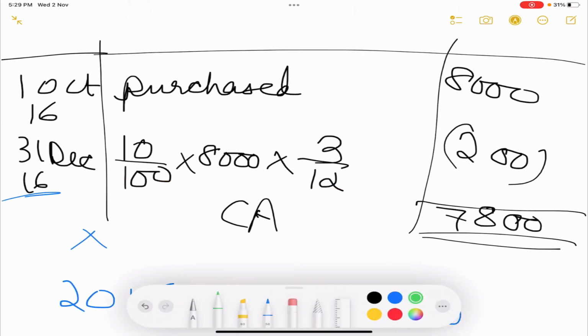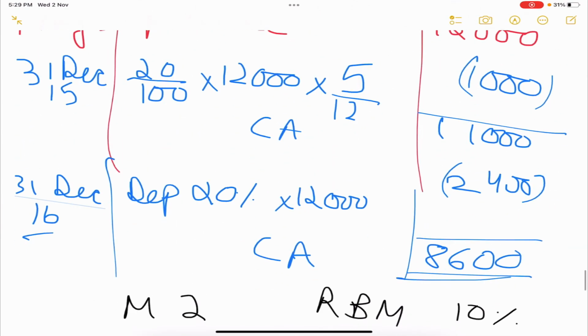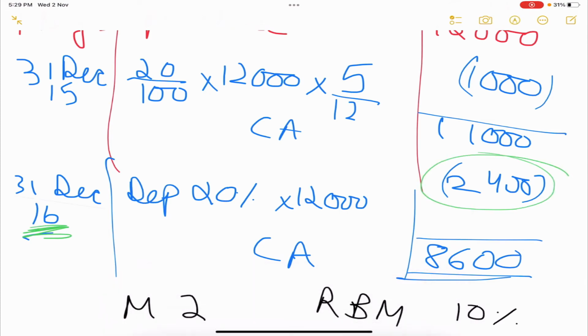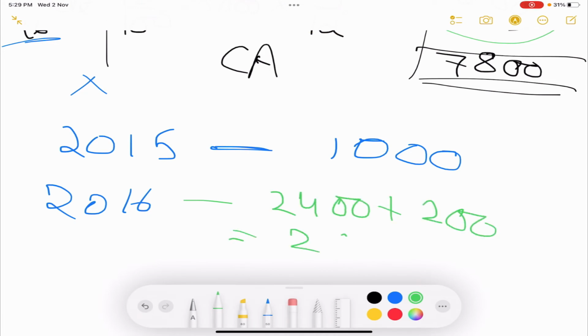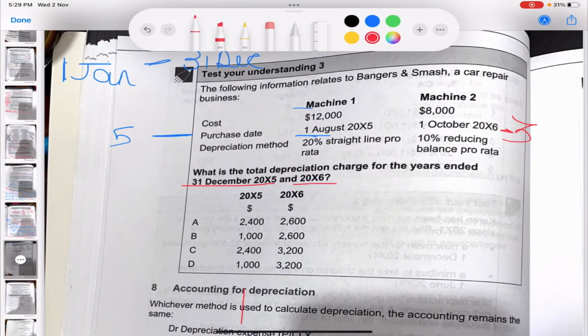In M2, we have a depreciation of 200. In M1, we had a 31st December 2016 depreciation of 2400. So we'll add both of them. 2400 plus 200, which would be 2600. So we have 1000 and 2600. Let's go to the question B. 1000 in 2015, 2600 in 2016. Clear? No doubt? Go back to the video, watch the entire video again if you have any doubts.